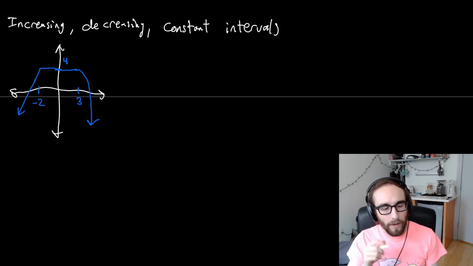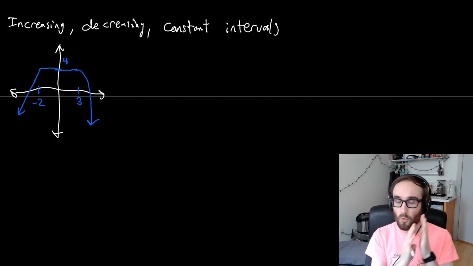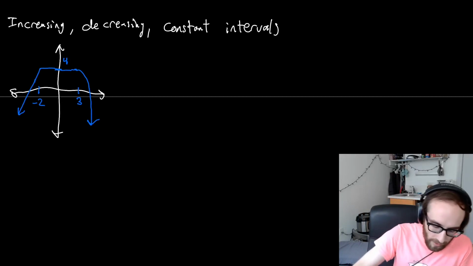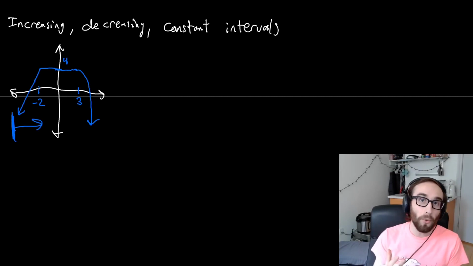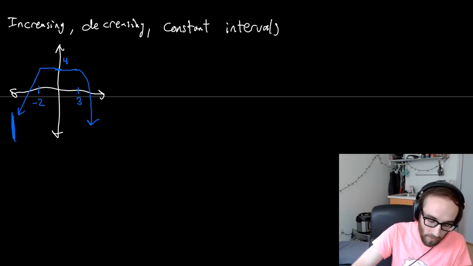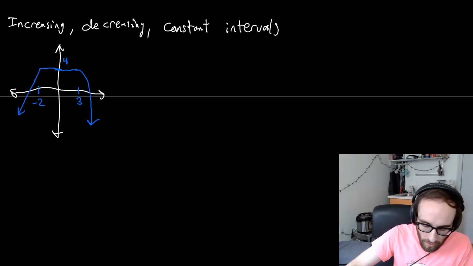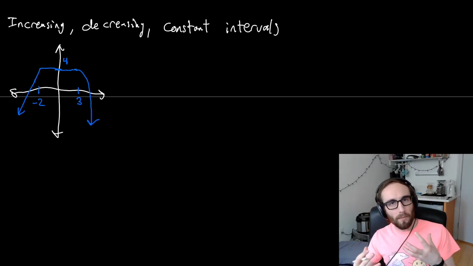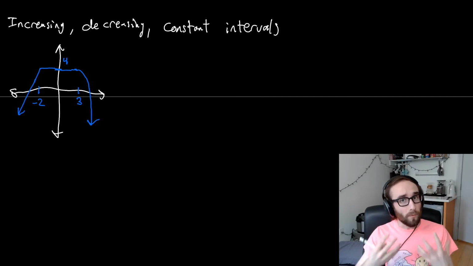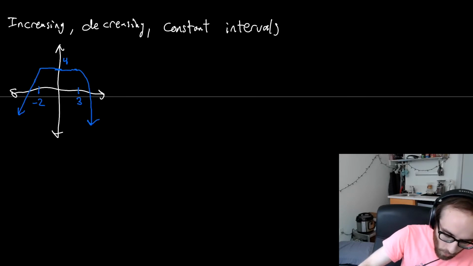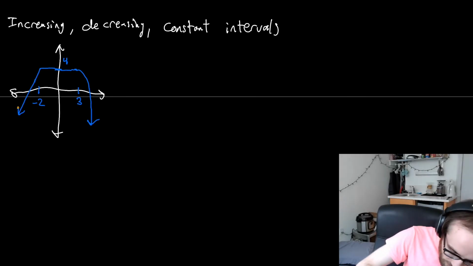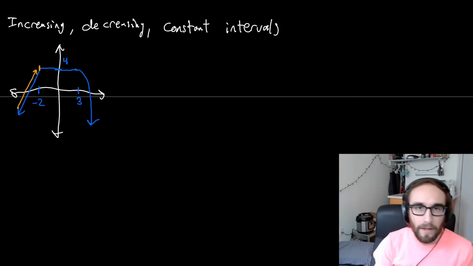When we're looking at increasing or decreasing, we're looking from left to right. We start at this edge of our graph and move to the right to see how the y values, the outputs, the f of x values, are changing. To start, I'm going to define these plainly, and then we'll formally define them mathematically. Going from left to right, our function is going up, or increasing, all the way until we hit -2.